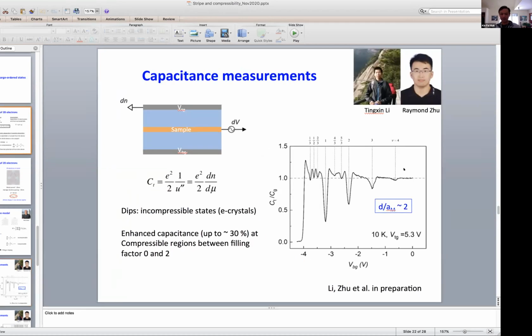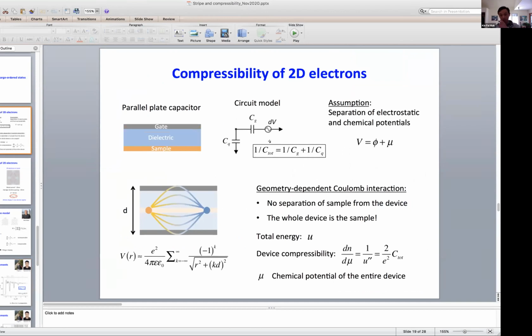If you insist on using a simple circuit model to separate this, the measured capacitance can be bigger than the geometrical capacitance only if the sample compressibility is negative. I see. Okay. So it's still the same problem rearing its head here as well as in Pablo's data.